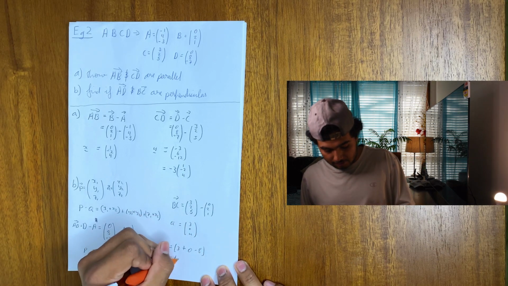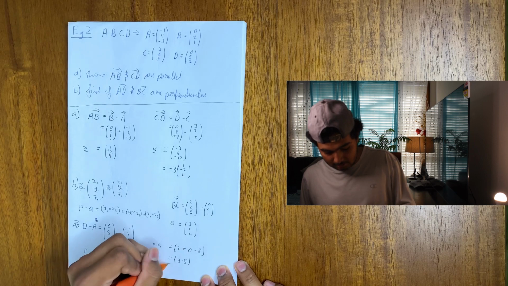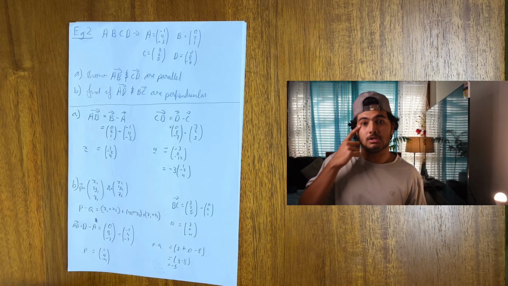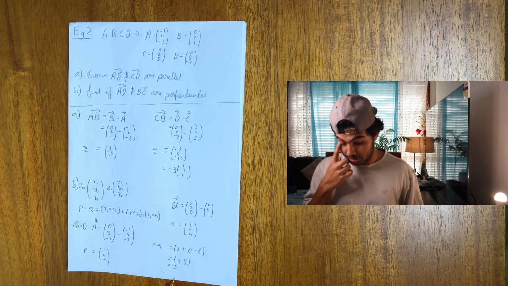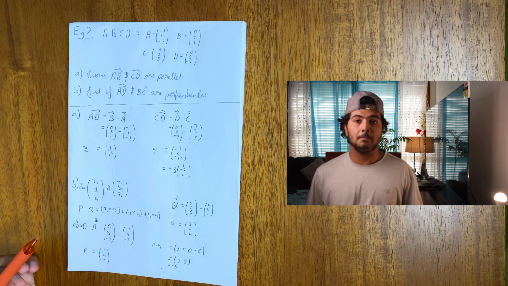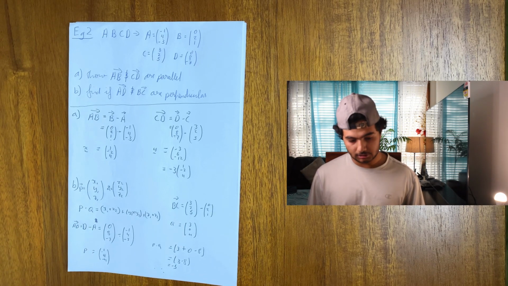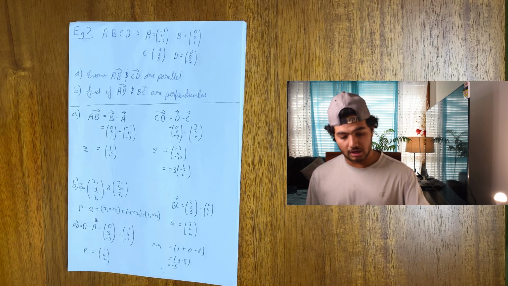So we have 3 minus 16, which gives me negative 13. Therefore, P and Q are not perpendicular because the dot product does not equal 0. If a dot product equals 0, you know that two vectors are perpendicular. So that is how you do example number 2.